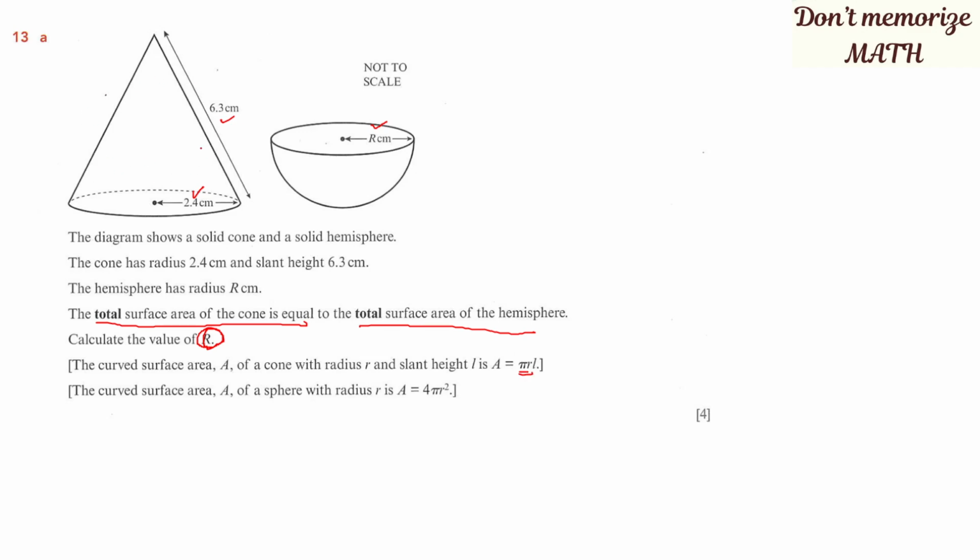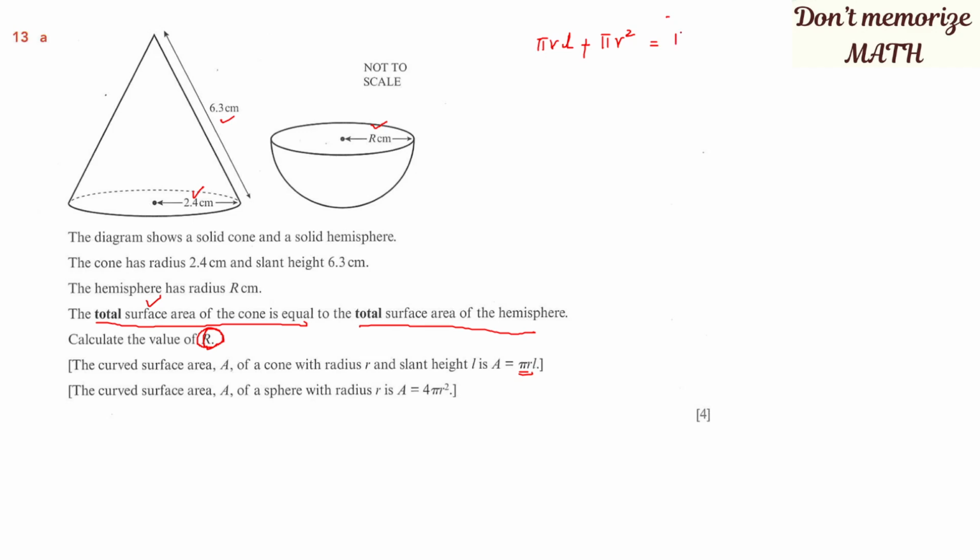But we need the total surface. How many surfaces do we have here? Two surfaces: this curved surface and the base, a circle. So the curved surface area is pi rl plus the base area pi r square. That's why it is the total surface area.